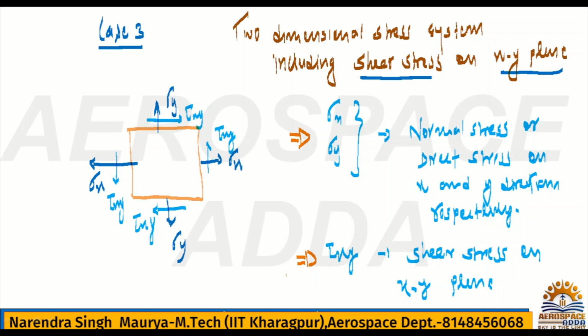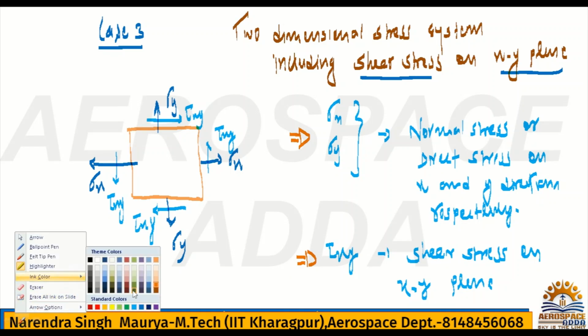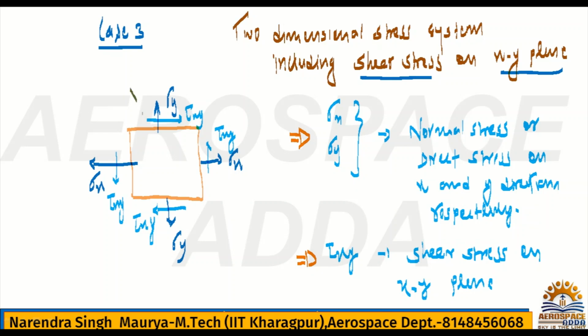Okay. Again, if you cut this 2D bar by one inclined plane, so once you cut, obviously this will be the vertical plane here. So between the vertical plane and the inclined plane, this is the inclined plane, okay?